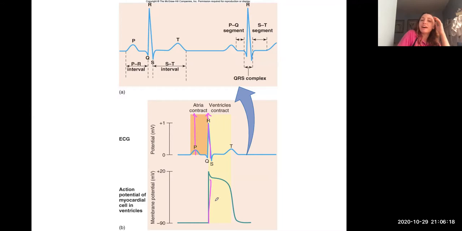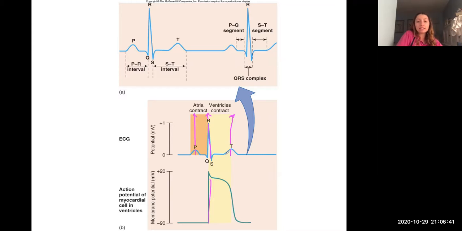No, okay. And then this whole time, it's basically showing that it's contracting. It even shows that until the middle of the T wave, it's still contracting, which is true. Because it takes a minute to stop contraction. So then we talk about the T wave, and the T wave is ventricular repolarization.